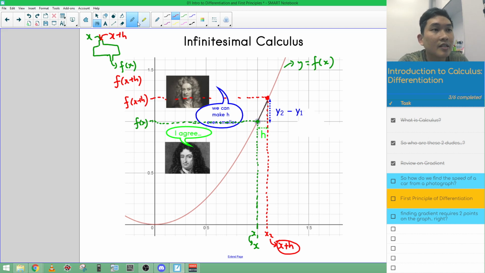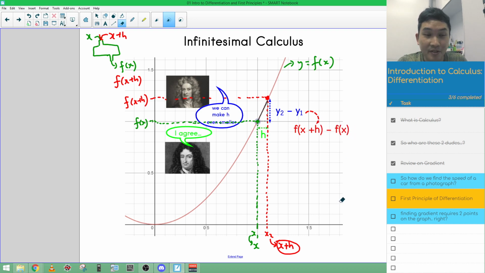So instead of saying y2 minus y1, we say f of x plus h minus f of x. So very simply, y2 minus y1 over x2 minus x1 is going to be f of x plus h minus f of x, divided by h. Do you see this? x2 minus x1 is actually just h.